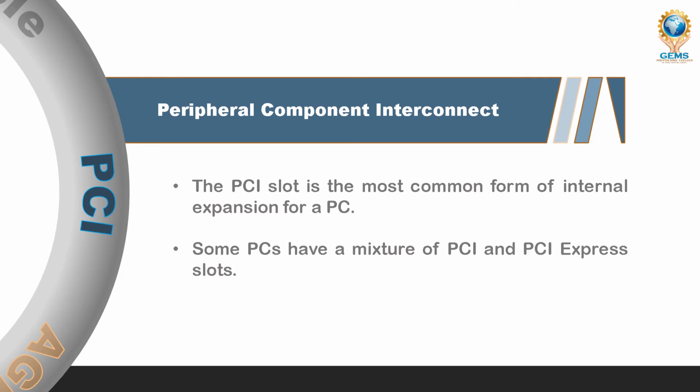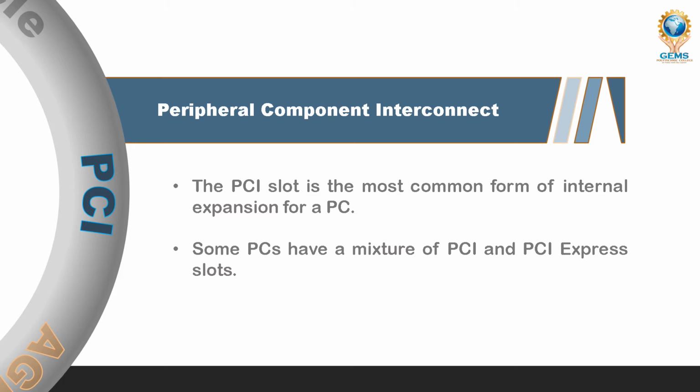The PCI slot connects the card directly to the processor. Some PCs have a mix of PCI and PCI Express slots. Before that, there was PCI for a long time. After that, the PCI Express slot came.